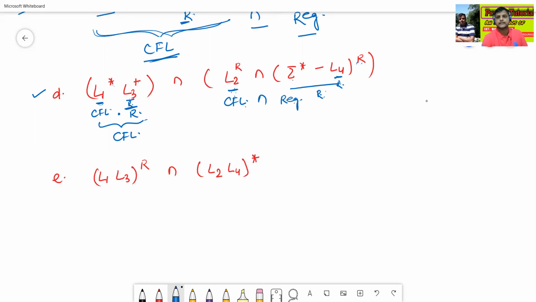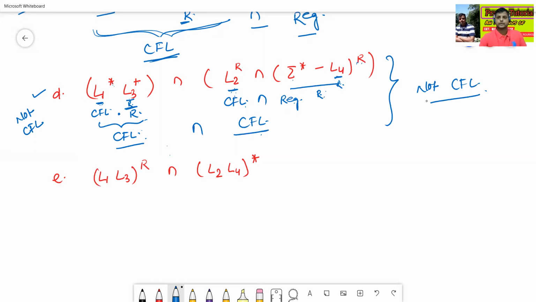So CFL intersection regular is CFL. Then CFL intersection CFL need not be CFL. So this is not CFL. Option D is not CFL.